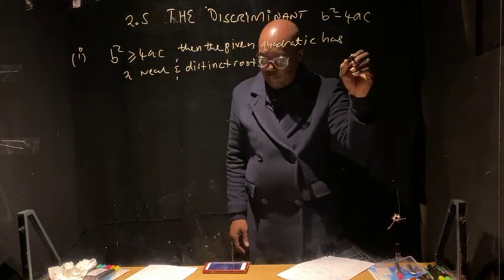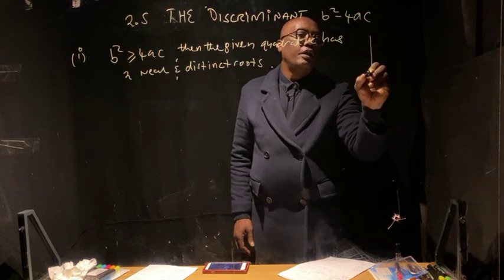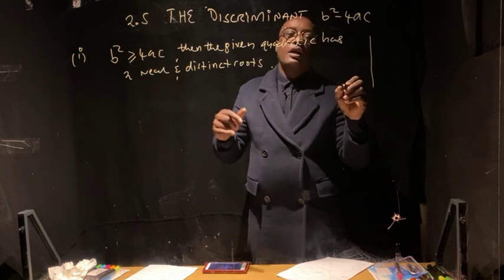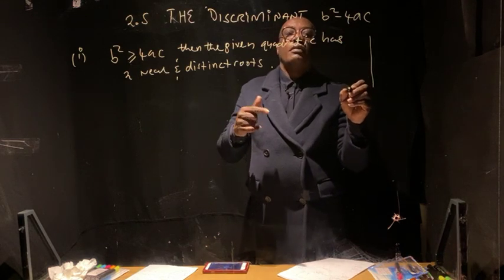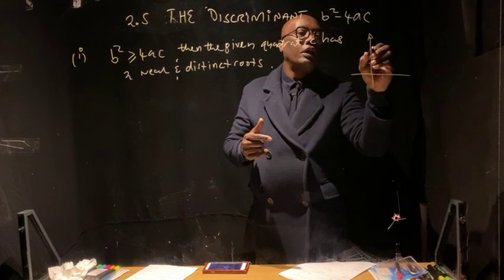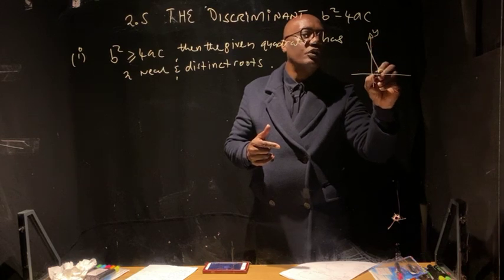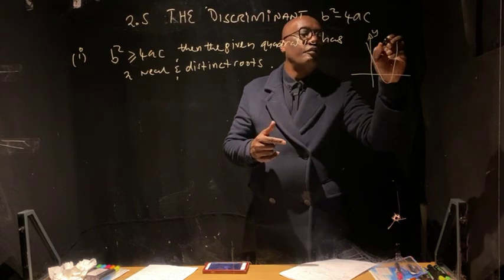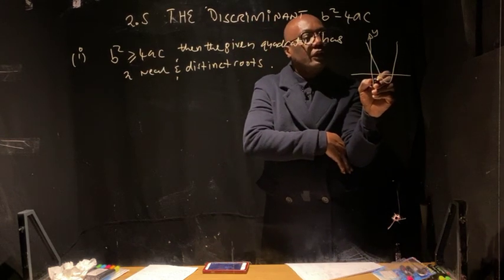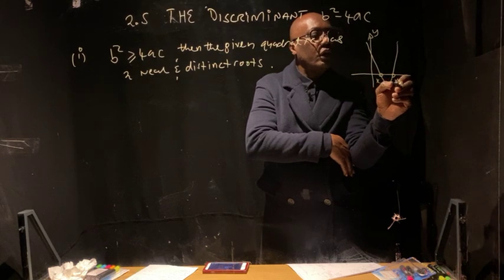That indicates that, assuming this is the graph of the quadratic function in the form ax squared plus bx plus c, assuming this is the curve, then you can see that this one is equal to x2 and this one is equal to x1.